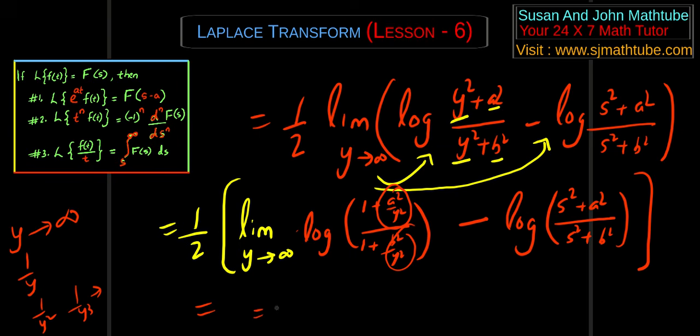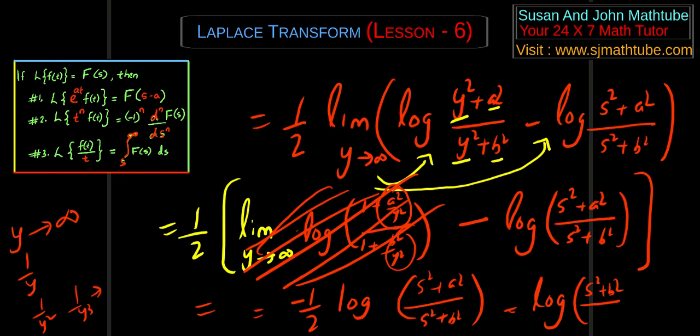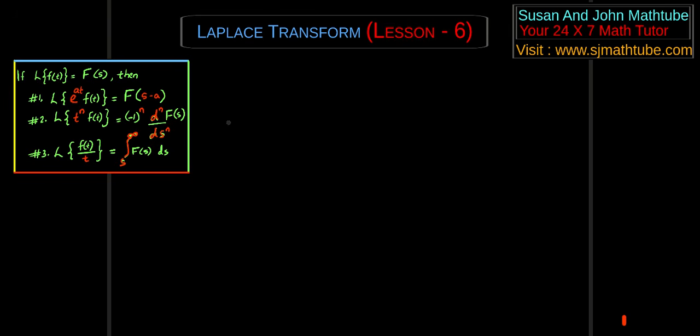And we get the answer minus 1 by 2 log (s square plus a square) by (s square plus b square). So this part will be gone. And now this minus goes inside and we will get log (s square plus b square) by (s square plus a square), and half will be here. That's it.